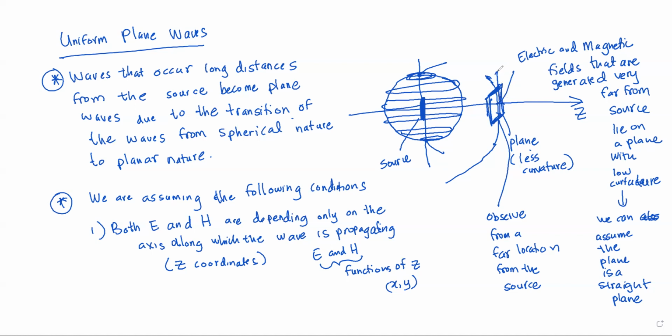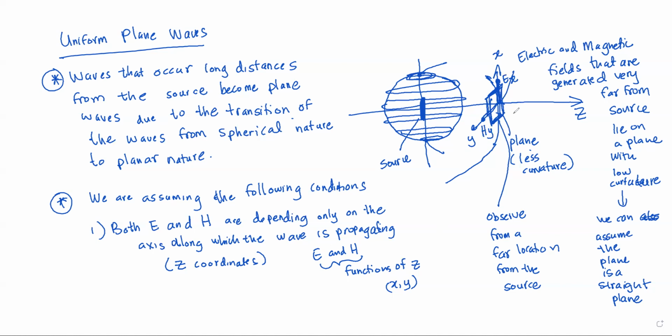If we have the X direction over here and the Y direction over here, and let's say the electric field is only generated along the X direction, then we have a certain amplitude EX. And if the magnetic field is created along the Y direction, then we have HY.